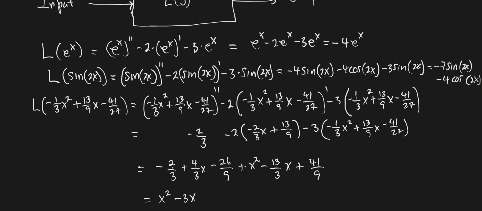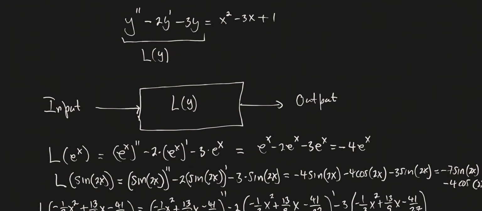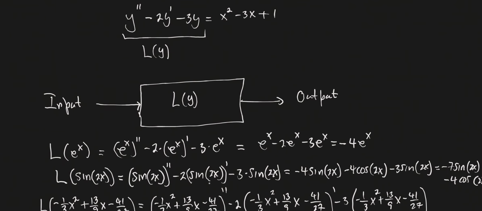So negative 6 minus 26, so that's negative 32, plus 41, that's 9 over 9, that's 1. And let me see, is that what we want? Yep, there it is, x squared minus 3x plus 1.